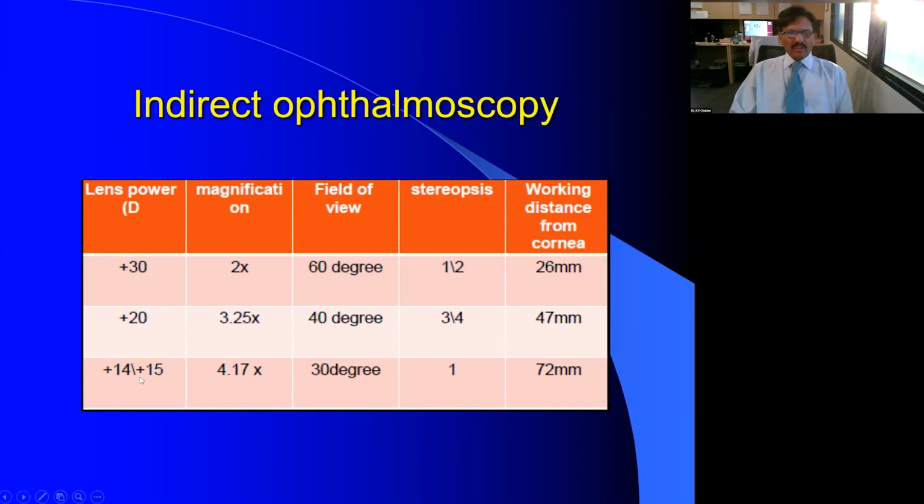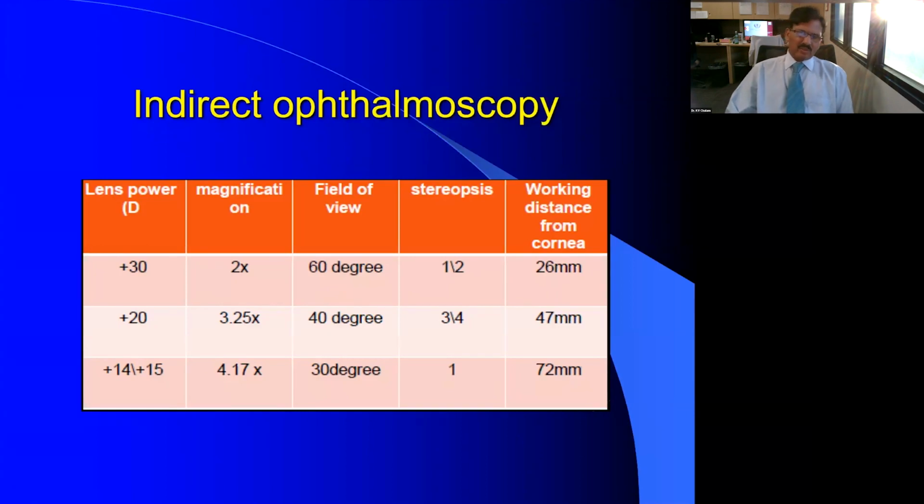You can use a 14 or a 15 diopter lens for higher magnification. But one of the problems is the smaller the diopters, the longer the focal length. So the area for you to hold the lens in the air is not particularly easy. So we normally compromise with a 20 diopter lens where you only need 5 centimeters.